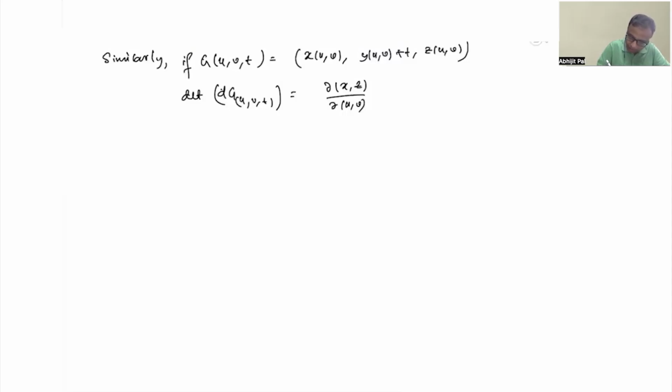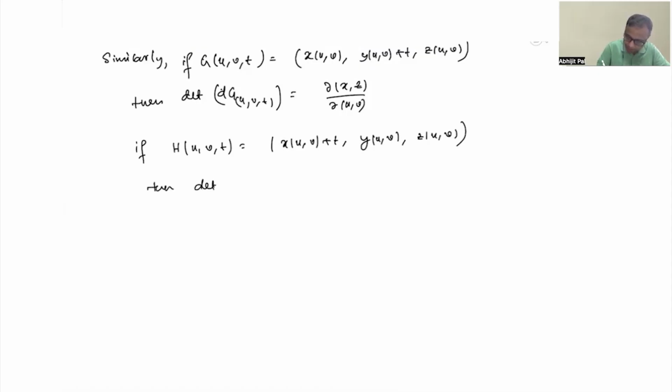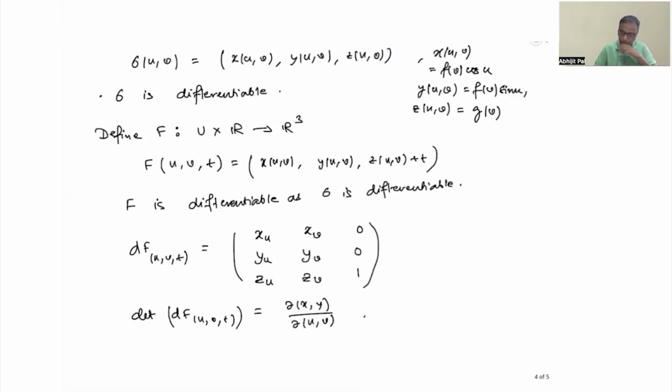And if H is defined in this way, (x(u,v) plus t, y(u,v), z(u,v)), then the determinant of the differential of this map will be equal to del(y,z)/del(u,v). Okay. All right.